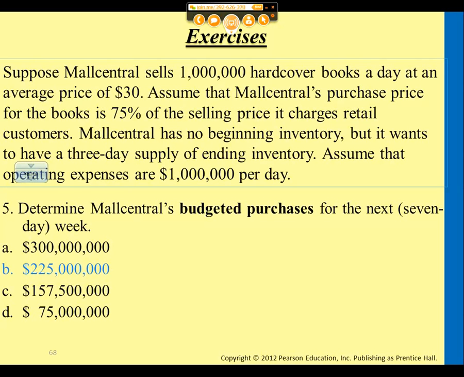That's our budgeted cost of goods sold, right? So what is next? We got that number. What are we going to do next? 3-day supply? How do I do that? You need to have a previous supply in the inventory. But how do I do that?